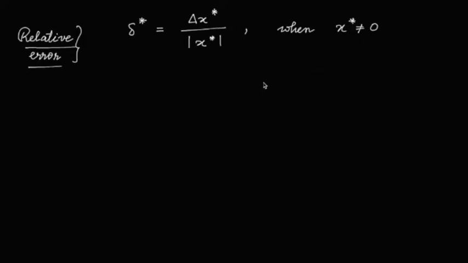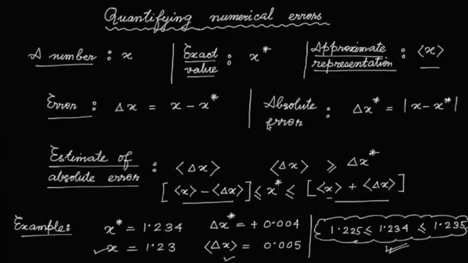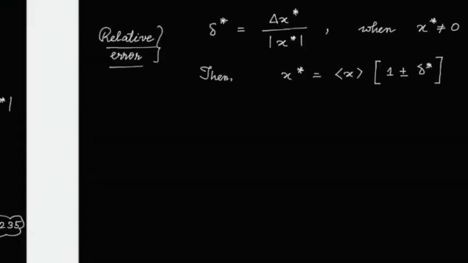Okay. So then I can write my x star as x. Remember that previously, if I am writing in terms of delta x star, we did last time that x equals x star plus minus delta x star. So I have written the equivalent expression here.